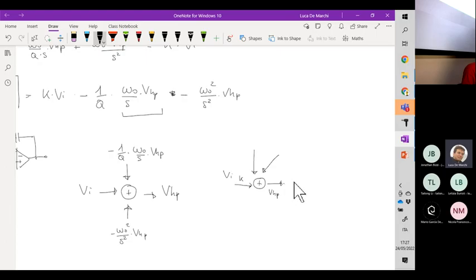The first feedback is achieved by integrating VHP according to the time constant 1 over omega0, and you bring this result back to the adder with a multiplication factor which is 1 over Q. And then you have this term here, which passes through a second integrator.